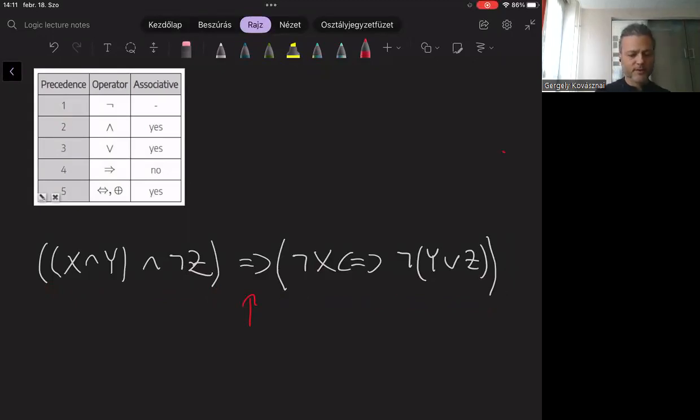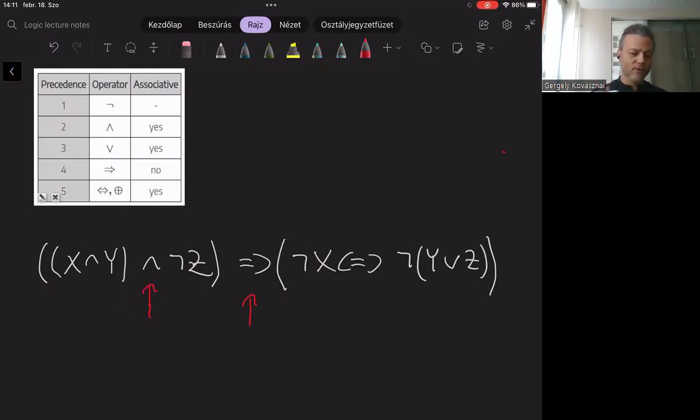Now let's focus on the left-hand side. Can we simplify this part of the formula further? Yeah, so here in this part of the formula, the main operator is a conjunction.